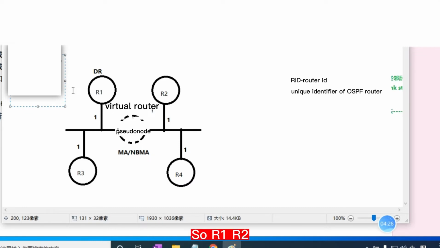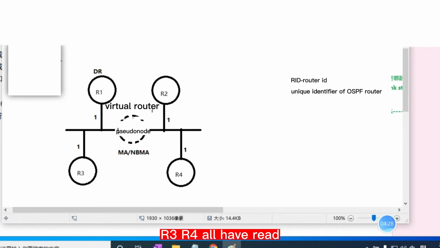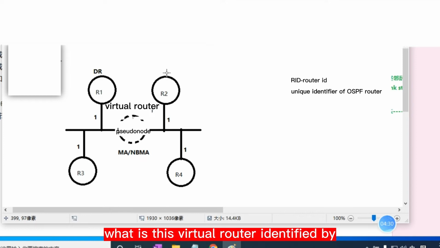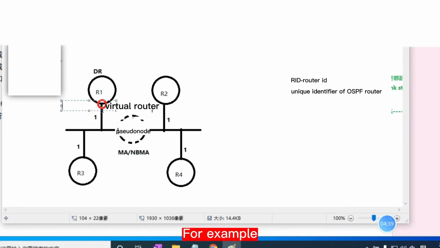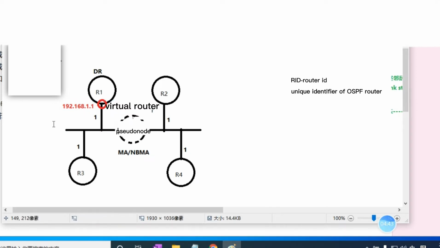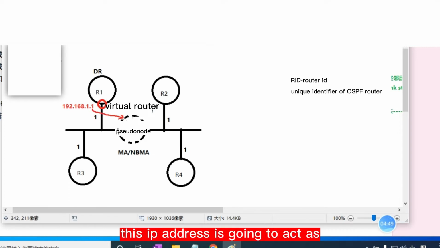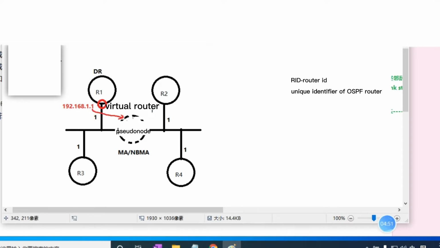So R1, R2, R3, and R4 all have RIDs. What is this virtual router identified by? It uses the DR interface IP address. For example, if the IP address of the DR interface is 192.168.1.1, then this IP address acts as the RID of this virtual router.